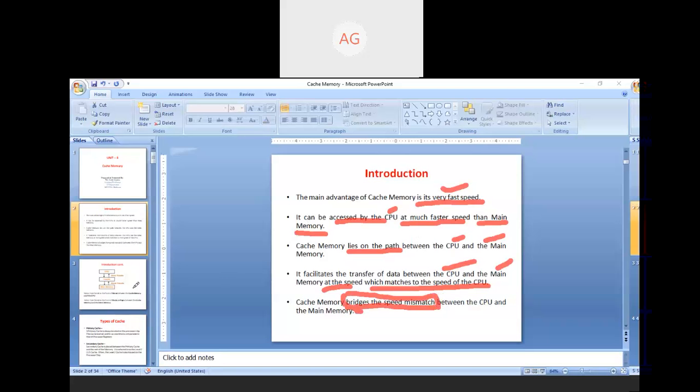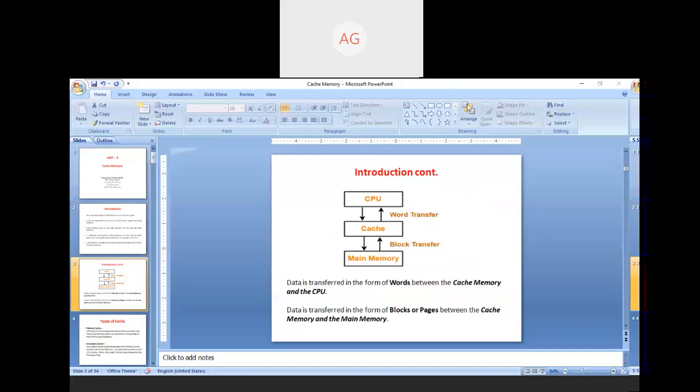So moving to the next slide. As you can see from the diagram, the cache memory lies between the CPU and the main memory. The data is transferred to and fro between the CPU and the cache, and in the same way the data is transferred to and fro between the cache and the main memory. Data is transferred in the form of words between the cache memory and the CPU, and we call it word transfer.